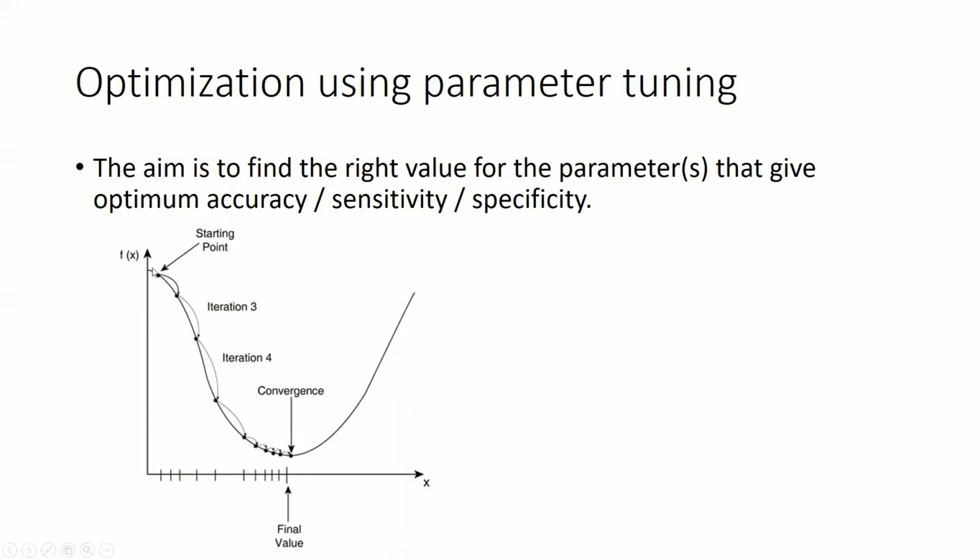Now, you don't know what this curve looks like in the first place. If you did, you would know easily how to get to the least amount of error. So this doesn't exist. We're in the dark and we need to nudge these values about and just look at the corresponding test data.